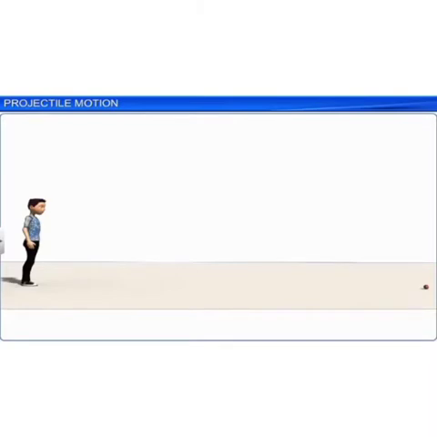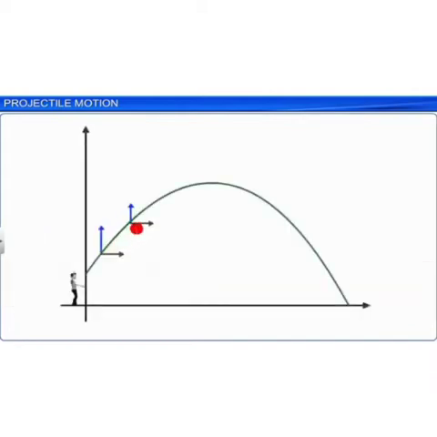The motion of the projectile is the result of two separate but simultaneously occurring components of motion. One is the horizontal component without any acceleration, and the other is the vertical component with constant acceleration due to gravity.